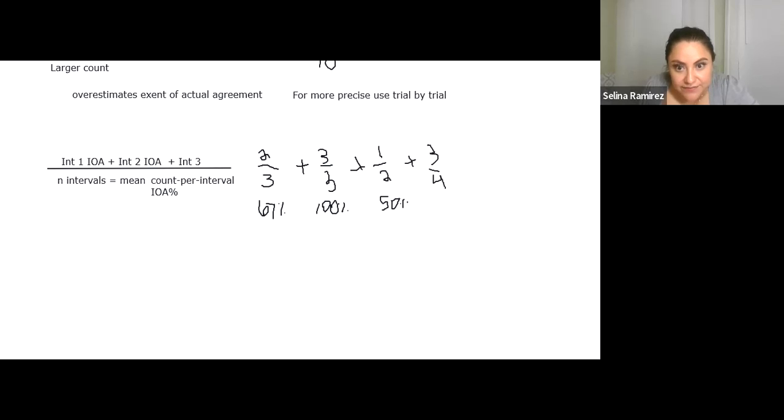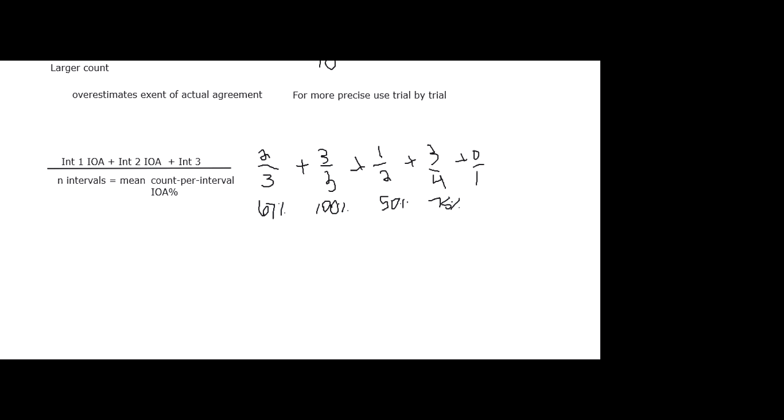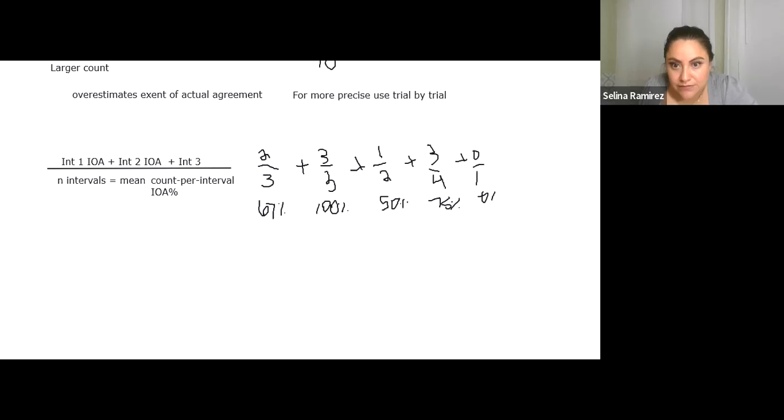Yep, 75%. Okay, next one is 0 and 1. So 0 over 1. That's 0%. That gives us 0. And the next one is 4 over 4. That's 100%.